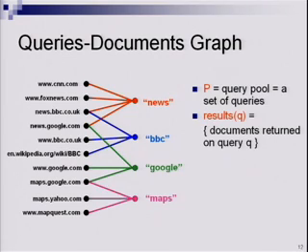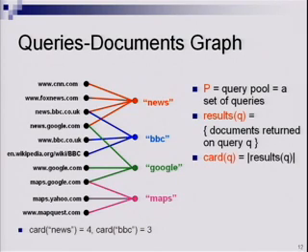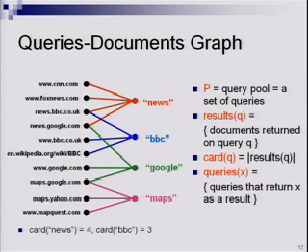For a query Q, we denote by results of Q the set of documents returned by the search engine when you send Q as a query. Results of news are the first 4 documents, as an example. Cardinality of Q is just the number of results returned.